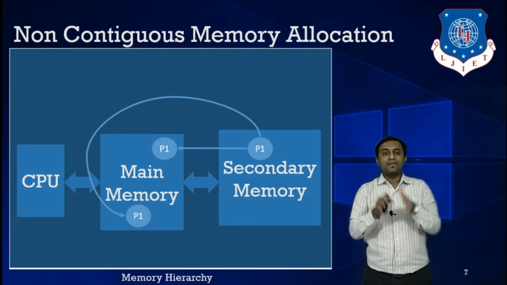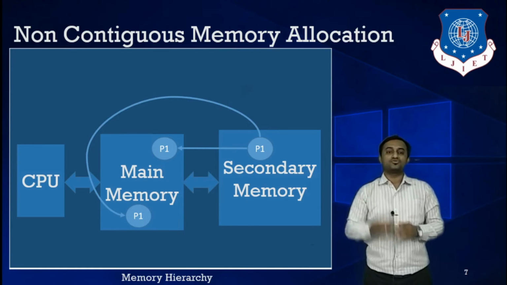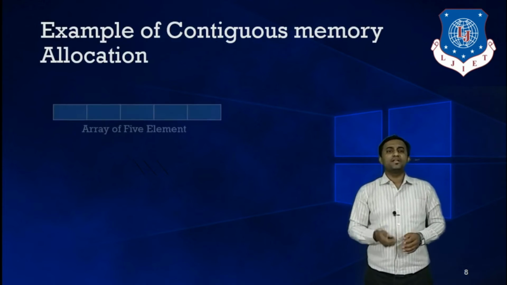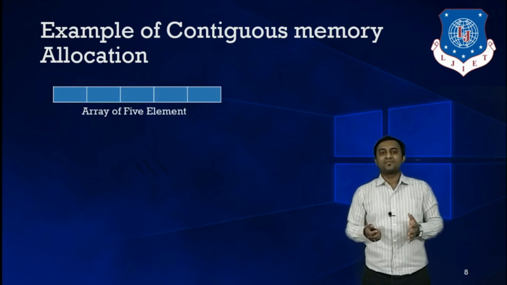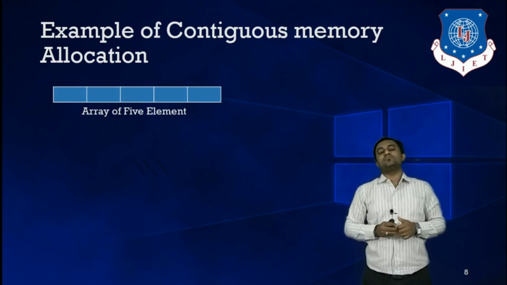We will compare both types of memory allocation with the help of an example. First of all, we will see contiguous memory allocation with the help of an example. As far as contiguous memory allocation is concerned, as I told you, we can store the process if we have enough space in contiguous fashion in main memory.